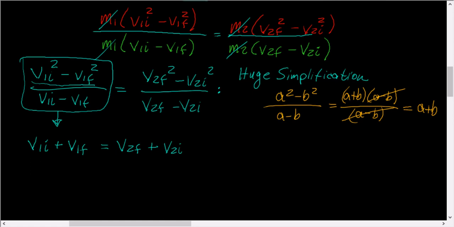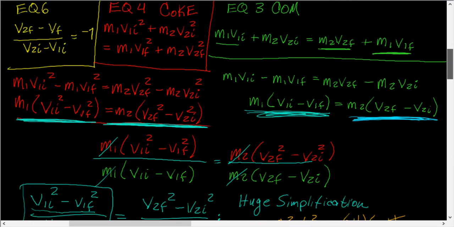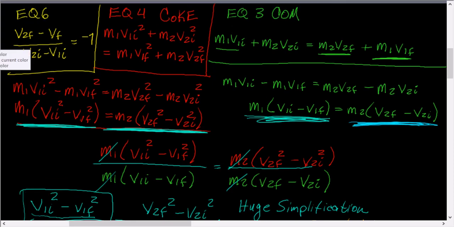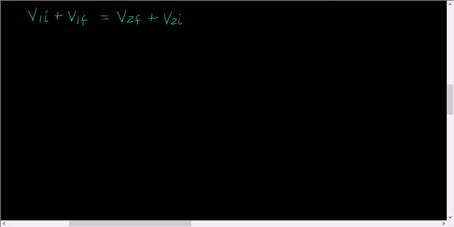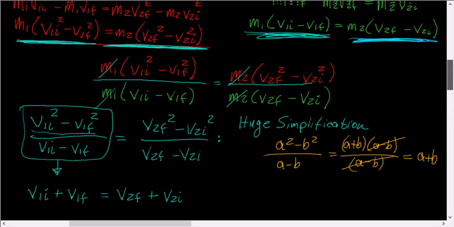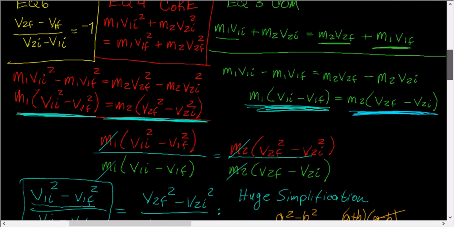Now if you remember from equation 6, which is here in the top left in yellow, we want to collect the terms which are the final velocities. Excuse me, this should be a v1 final as well. Copied straight from the lab manual, equation 6. So we're going to collect the terms which have final on one side, and then collect the terms which have initial on the other side.